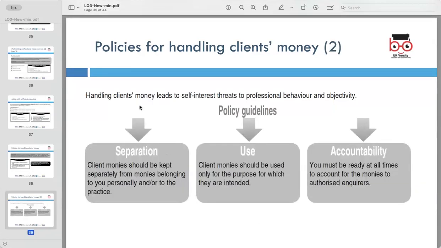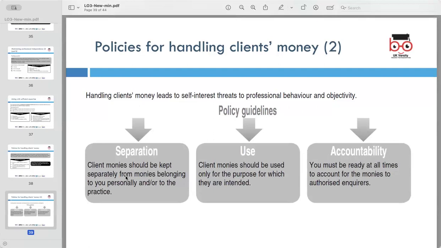Policies on handling client money address self-interest threats to professional behavior and objectivity: separation, use, and accountability. So it is important to keep client monies separate from personal or practice funds to prevent commingling and potential misuse.